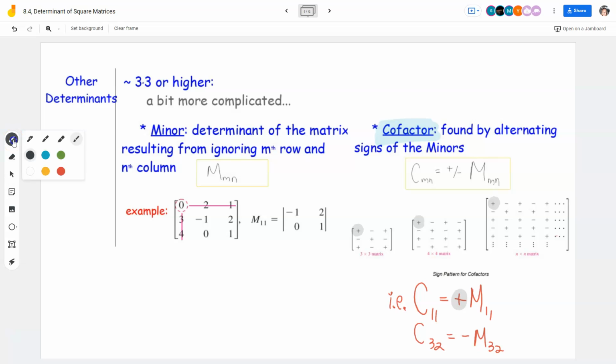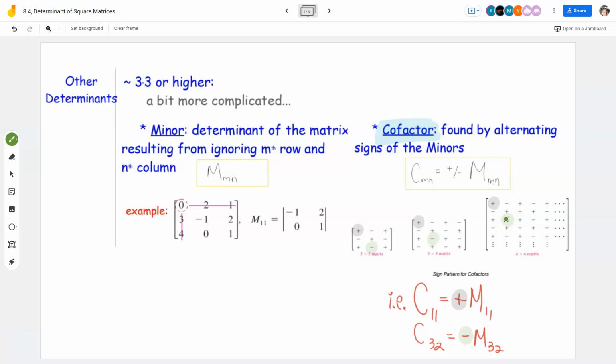What does 3, 2 represent? Where is 3, 2? Third what? Second what? Third row, second column.